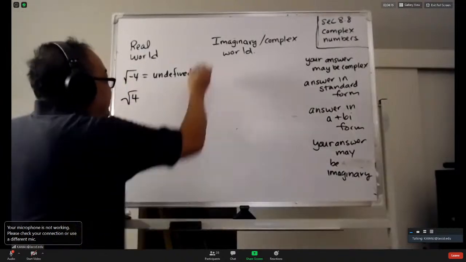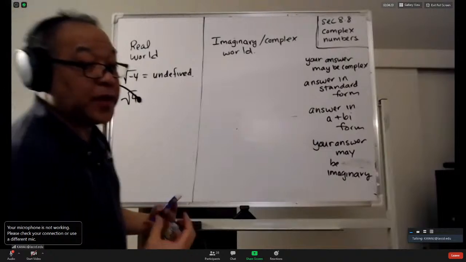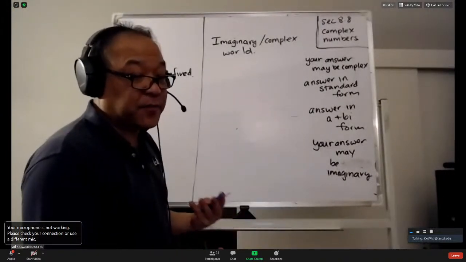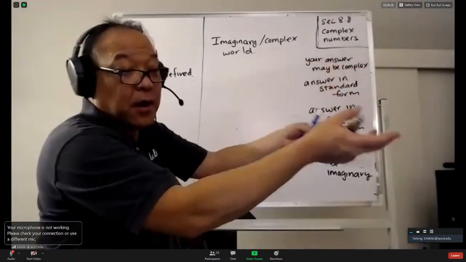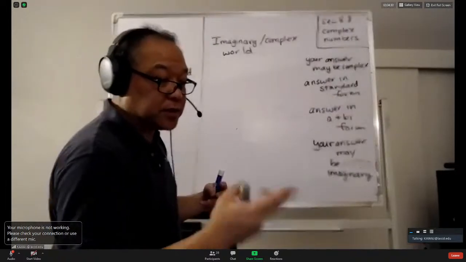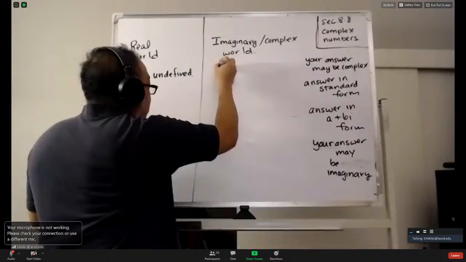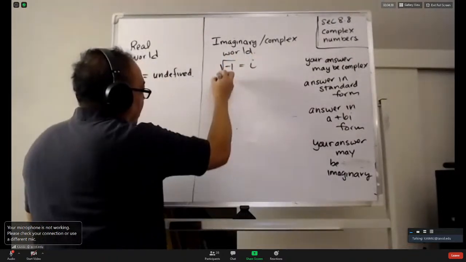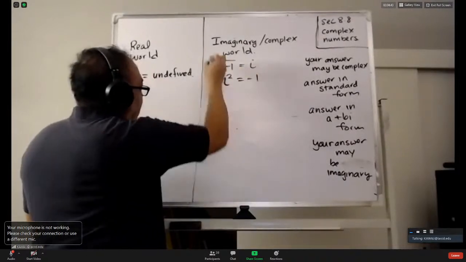Now, in the imaginary world, we have 2 extra rules because we added an extra dimension, right? Think of it like mathematical scratch paper. That dimension doesn't exist, but we can do a little math there and then convert it back into a real number. I'll show you in a second. In the imaginary world, square root of -1 is equal to I, and I squared is equal to -1.